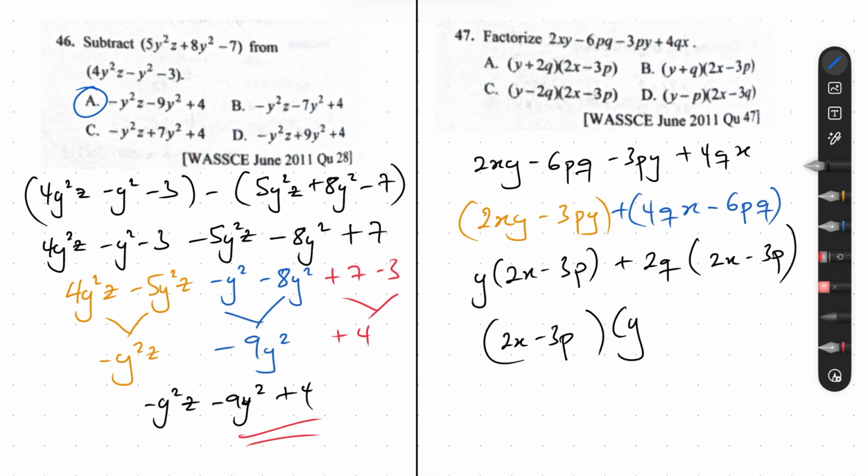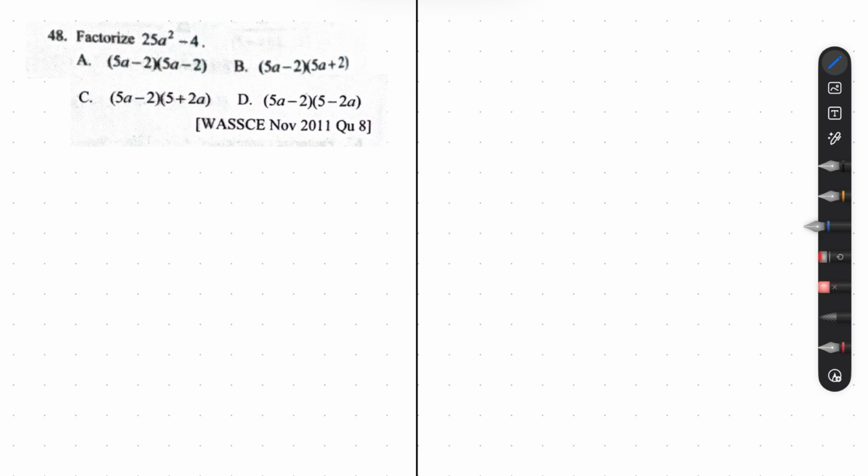Then if we factor this out here, we'll have plus 2q. And that is our answer. Do you have it there? 2x minus 3p, y plus 2q, which is the same as y plus 2q, 2x minus 3p, and that is A. Cool. Let's move on to question number 48.